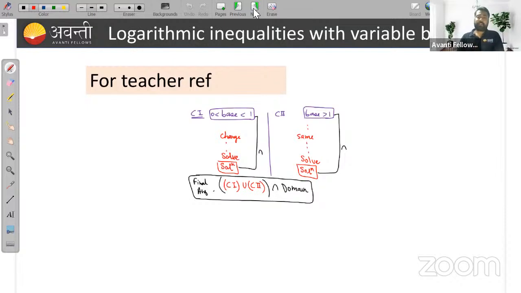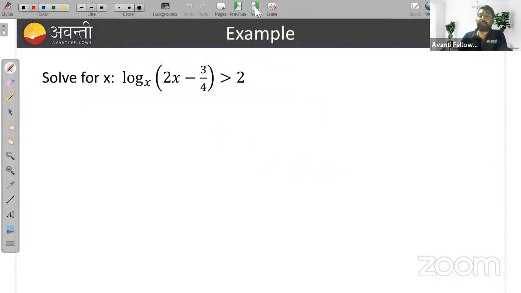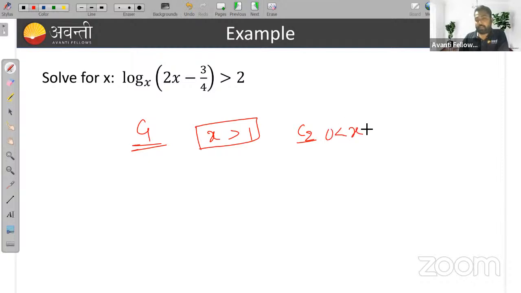When the base is given as a variable, in that case what will you do now? First, you have to take case 1: either the base is greater than 1, so for x greater than 1 you have to solve this inequality. And for case 2, you have to take the base lying between 0 and 1.